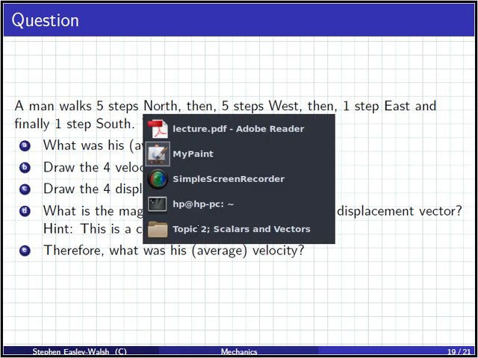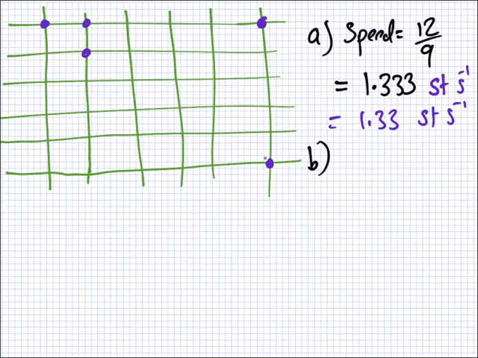I'm not sure how long to draw the vector just yet, so I'm just going to draw it in roughly. So he first heads north.